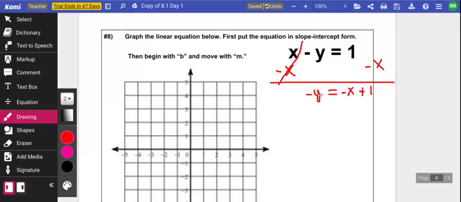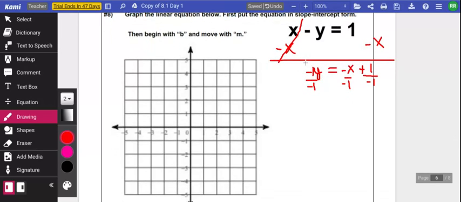Now, what number is in front of y? A negative what? A negative 1, right? So I need to divide both sides by that negative 1. I'm going to divide this term by negative 1, this term by negative 1, and this term by negative 1. When I divide both sides by negative 1, I'm dividing every single term in the equation by the same exact number.